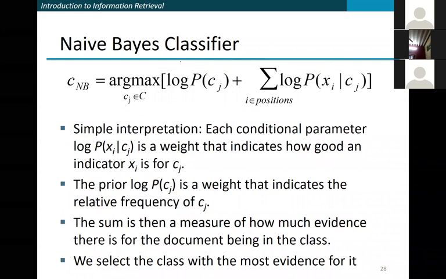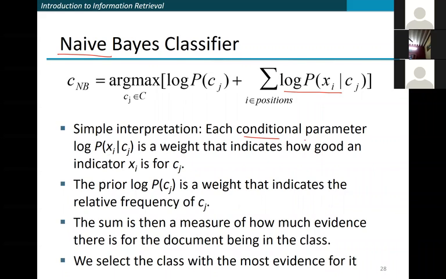Now the naive Bayesian classifier is called naive because we have taken each word to be independent of the others. We are not considering their positions, meaning location in the document. We are just taking a bag of words model. So rather than multiplying, we are adding the logs.